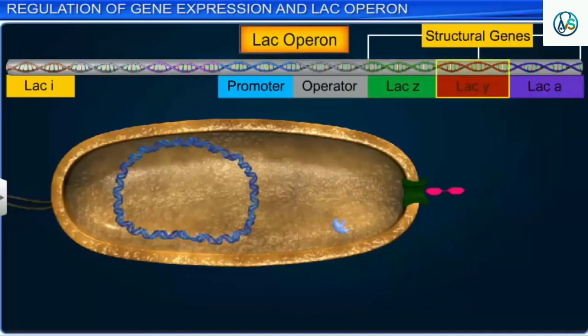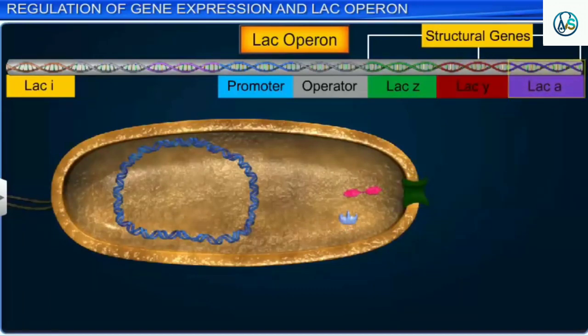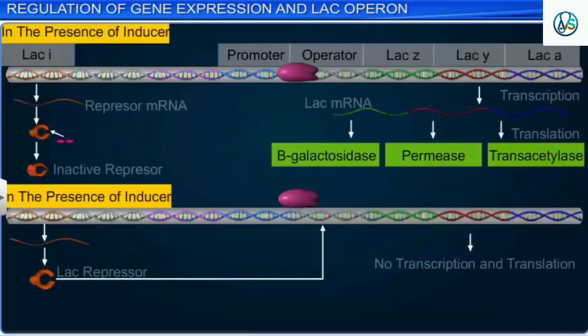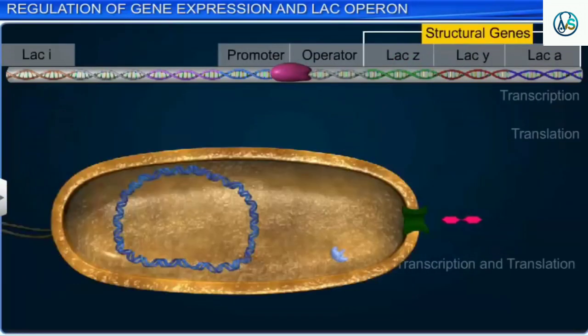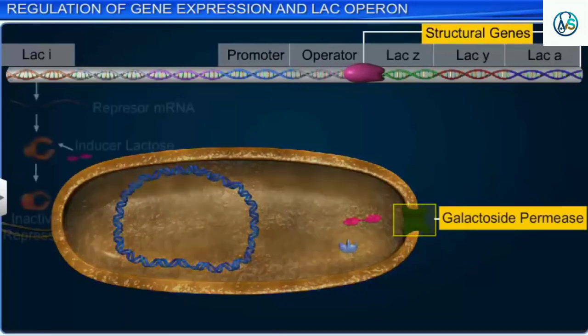The lac Y gene codes for permease, which increases the permeability of the cell to lactose, while the lac A gene codes for transacetylase, whose function is unknown. The switching on and off of the operon is controlled by lactose, which is hence the inducer. Since lactose needs a small amount of permease enzyme to enter the cell, a very low-level expression of the lac operon is continuously required.